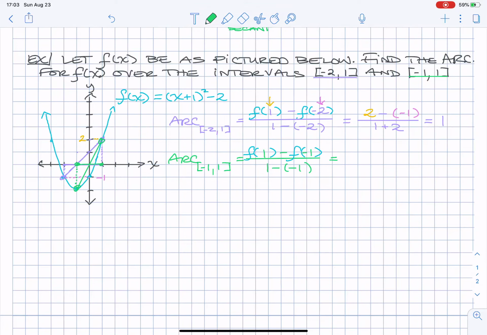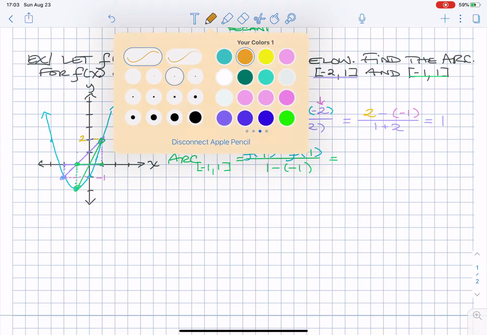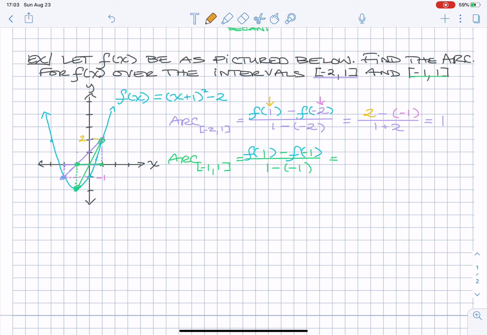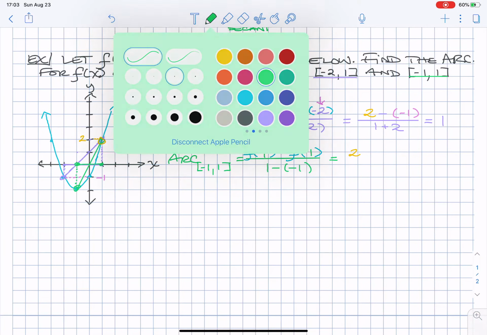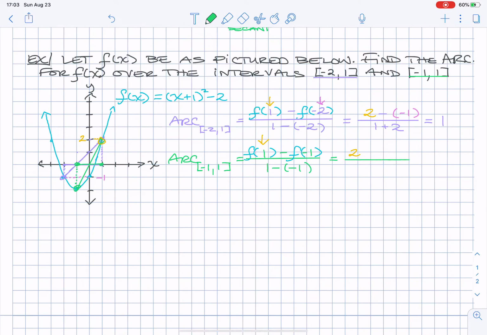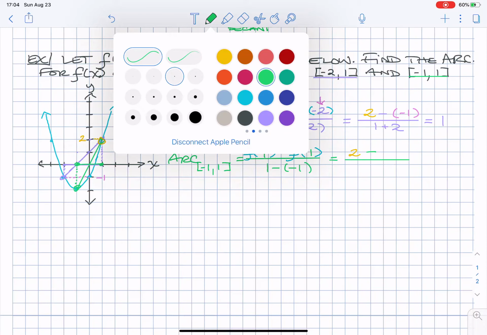So once again, let's see what we have here. Let's look at the value for f at 1. It's still the same, right? The y value is still 2. Minus, let's look now at the value for f at, what color should I use?